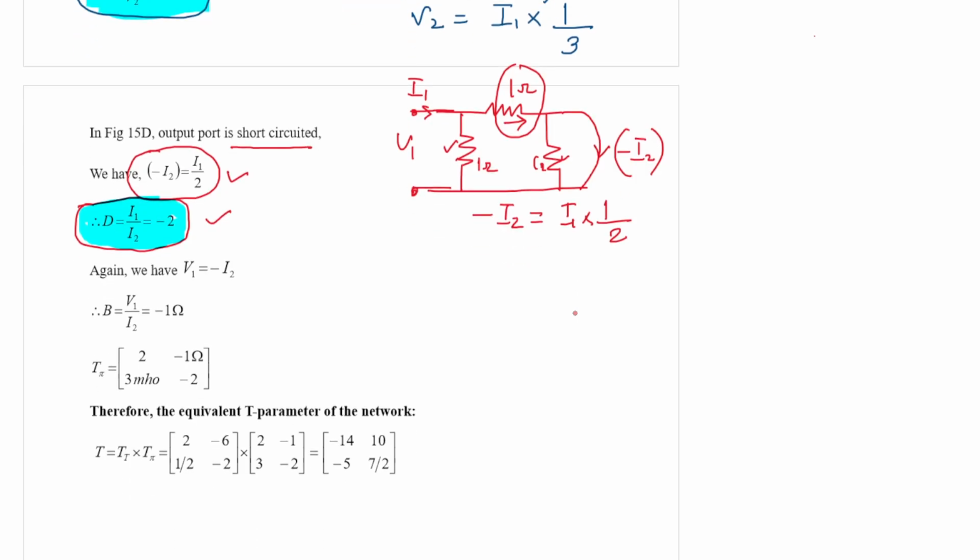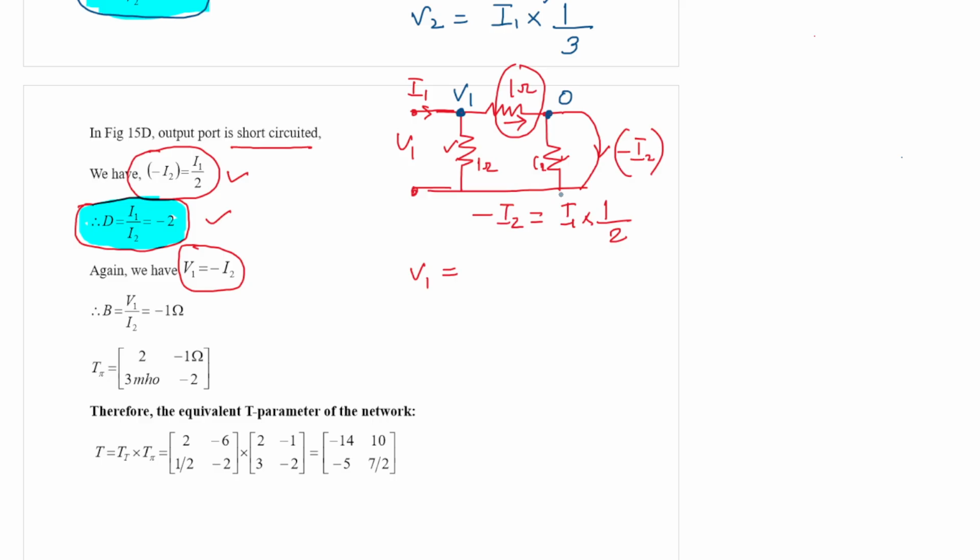Thereon, what is V1? V1 should be equal to minus I2. Why? Please try to understand, the potential of this node is V1 and the potential of this node is 0.